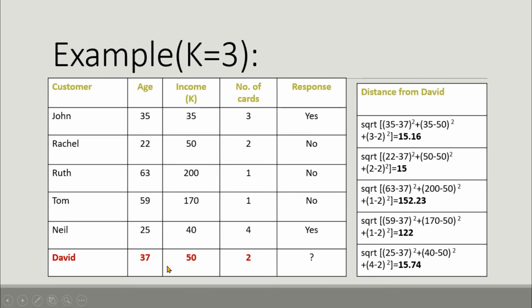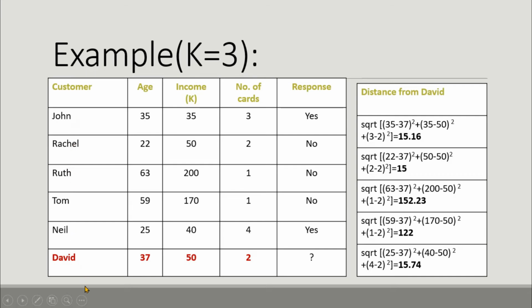We have to find the distance from David to every customer: David to Neil, David to Tom, David to Ruth, David to Rachel, and David to John.